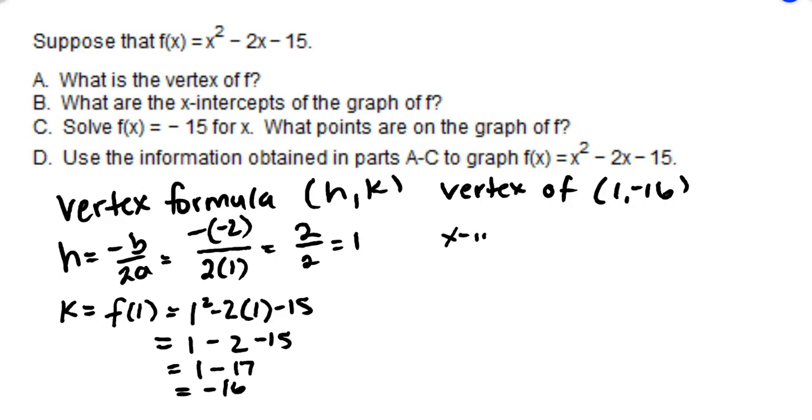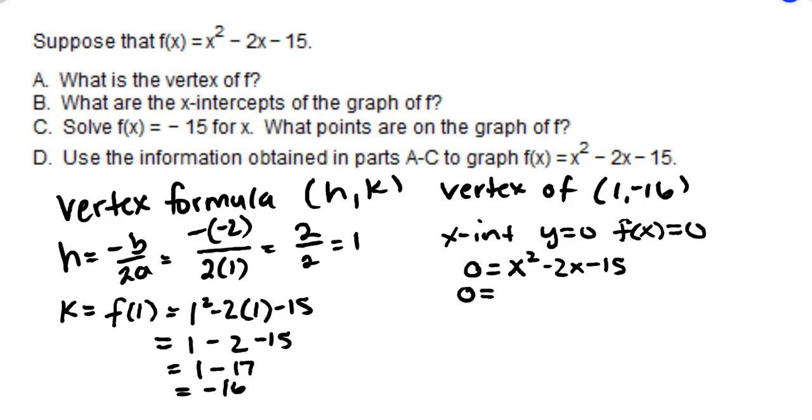We also want to find the x-intercepts of our function. So to find an x-intercept, we let y equal 0. This is in function notation, so f of x is the same thing as y. And we'll set our function equal to 0. 0 equals x squared minus 2x minus 15. Let's try to solve this by factoring.